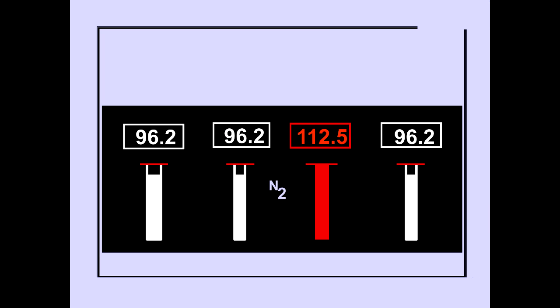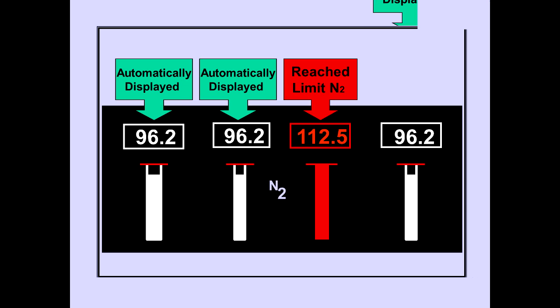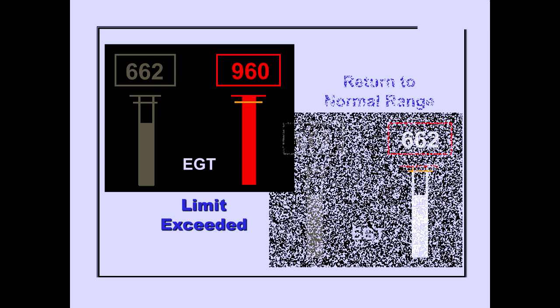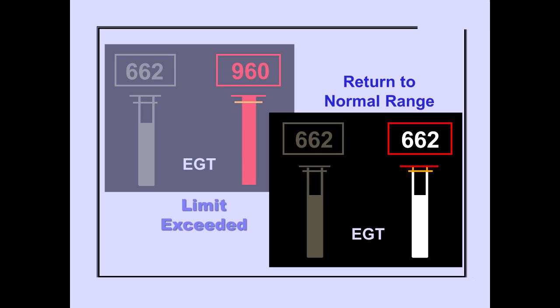If an N2 RPM reaches the operating limit, all N2 indications are automatically displayed. When the parameter returns to its normal operating range, the indication changes color back to white. The box surrounding the digital indicator remains red.